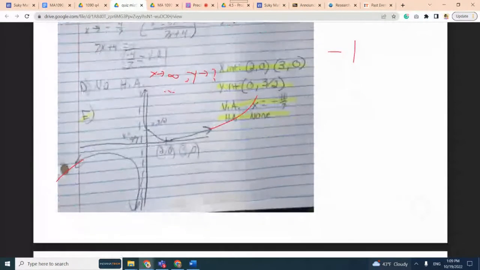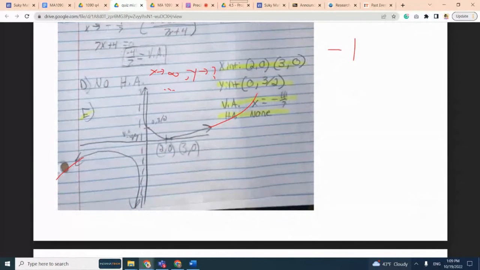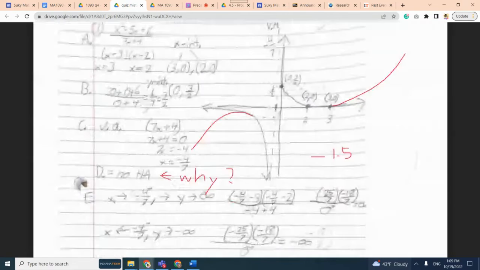And just make sure it's clear to see that it goes to infinity or minus infinity. Because if it goes like this, it's hard to tell from the picture whether we have a horizontal asymptote or not. So make it more obvious, right? It goes to infinity or minus infinity.